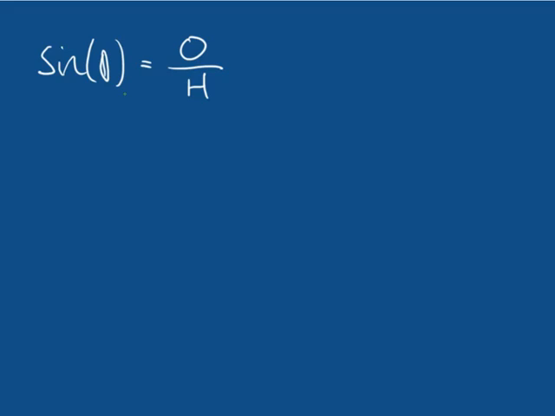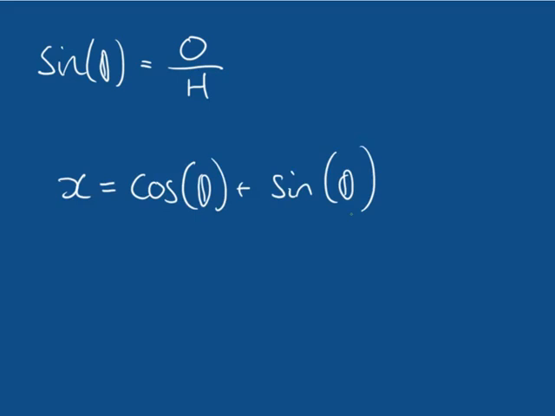Now this is just going to be a completely arbitrary example. I'm just making this up and it has no real bearing to anything in terms of practical application. But let's say that we had an example equation that was x is equal to the cosine of theta plus the sine of theta. And for whatever reason we didn't know the angle theta and we didn't know the value of sine of theta, but we did know, let's say, this value, the cosine of theta.